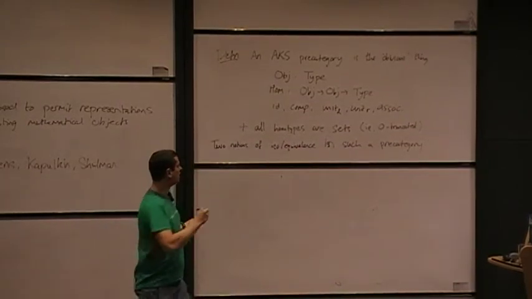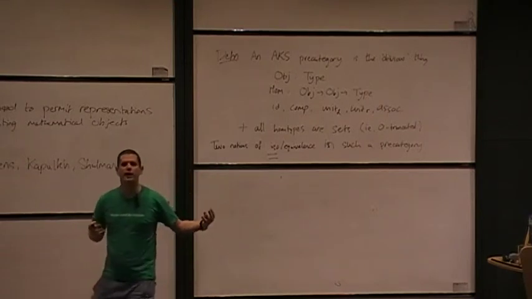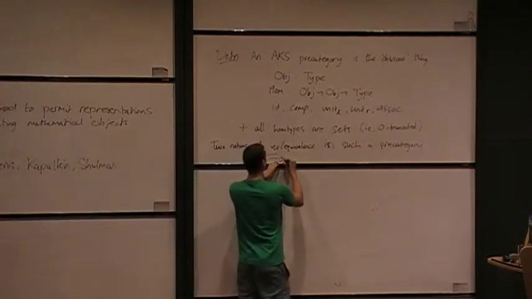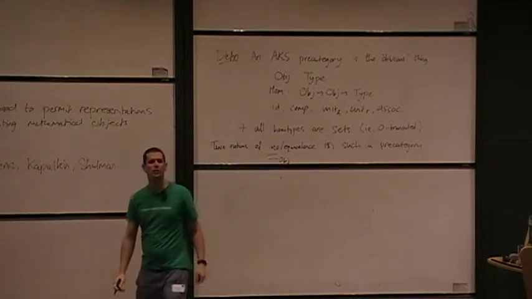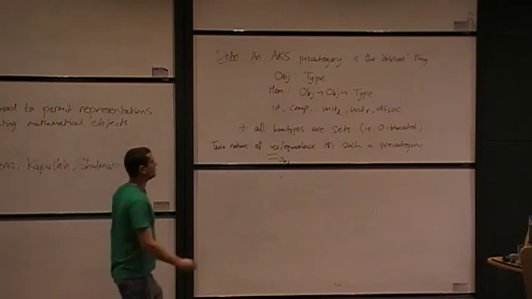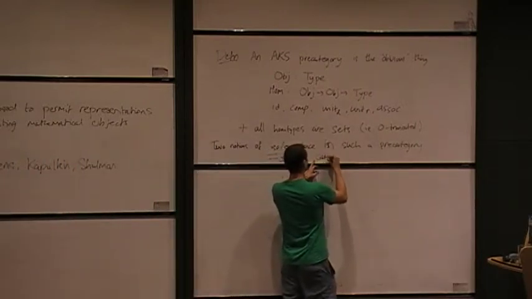Namely, the type theoretic notion of equality in the type of objects, equals subscript obj. That's a notion of equality of objects, and you have also categorical isomorphism.